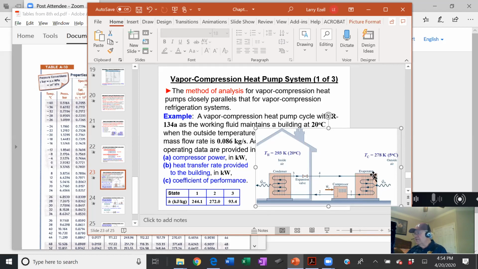So we go through an evaporator and it gets cold enough that it sucks in heat from the outside. And the outside's already cold, but this has to be colder to get heat in here to evaporate the refrigerant, because it has to enter the compressor as either a superheated vapor or a saturated vapor. We have work into the compressor now, so we increase both the pressure and the temperature coming out. This is saturated vapor going in, superheated vapor coming out.